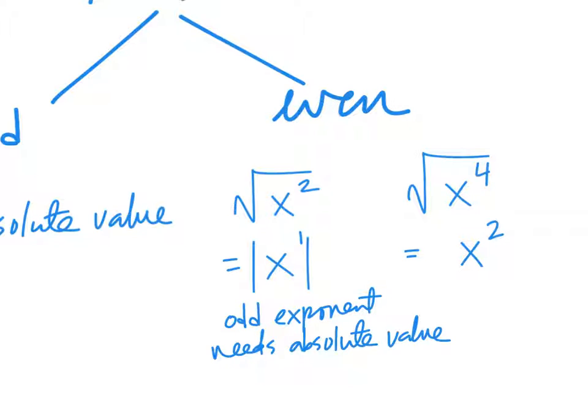Yes. Basically, it's all the ones that have an even index that has a problem because there's a chance it will come out as negative number. Then you need to make sure it does not.